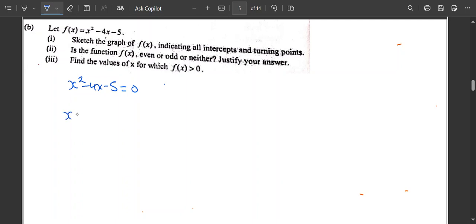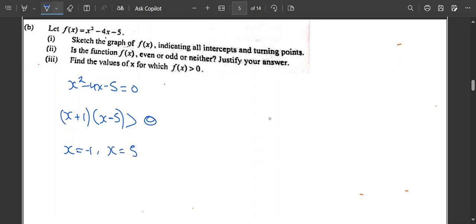We solve this one as x plus 1, after factorizing, and x minus 5. We want to test where it is greater than 0. So if we solve this, x is equal to negative 1, then x is equal to 5.